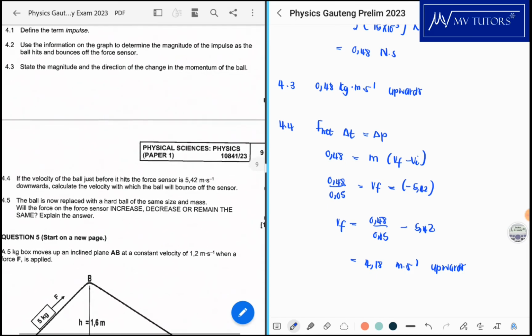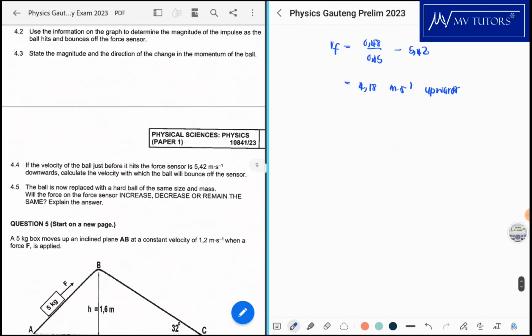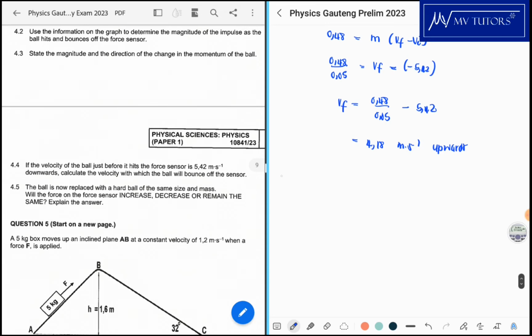And then the last question, 4.5. It says the ball is now replaced with a hard ball of the same size and mass. Okay, so the mass is still 0.05 kilograms. Now, will the force on the force sensor increase, decrease, or remain the same?